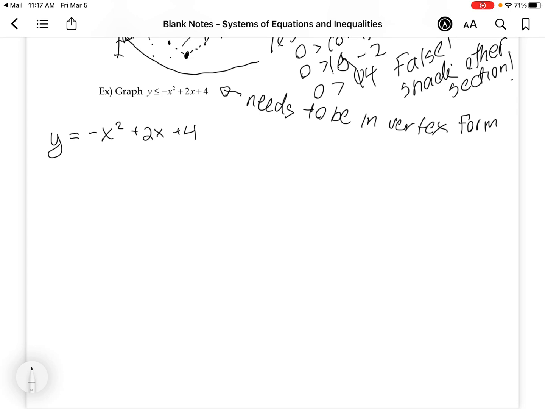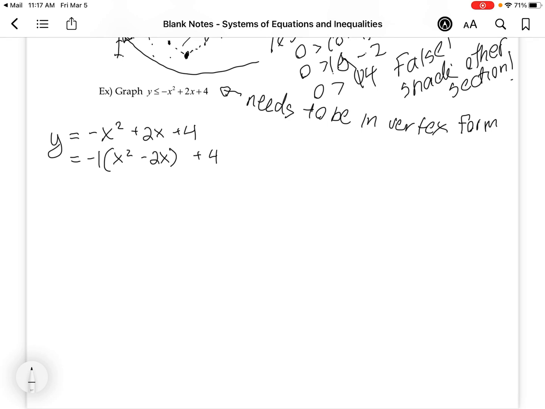And the a value right now is negative 1. So I'm going to take that out, and I'm going to be left with x squared minus 2x plus 4. Okay, and now what I have to do is take half the value of the coefficient of x, square that, and add and subtract it inside the bracket.